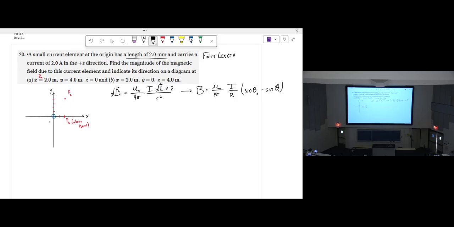And bear in mind that the front of this wire is 1 millimeter above the plane. And the back is 1 millimeter behind the plane.